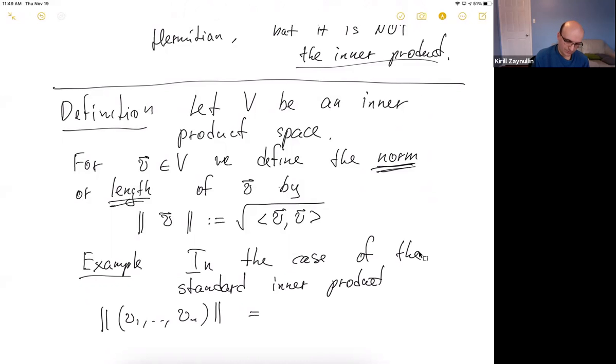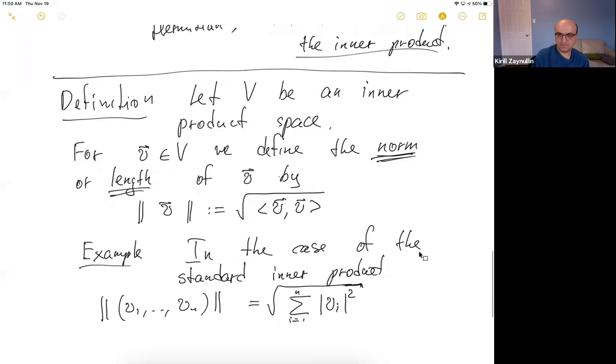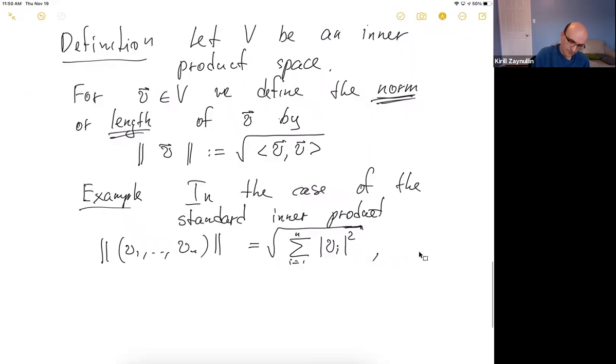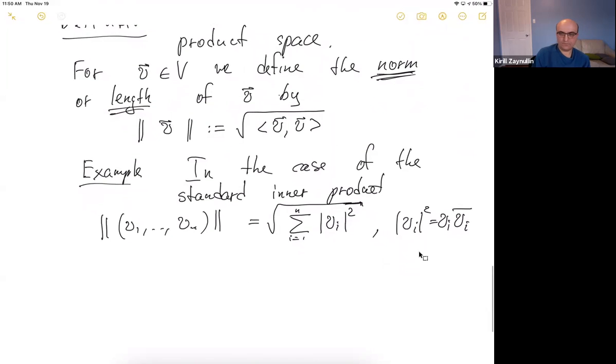Well, this is clearly the square root of the sum from i to n of the complex number vi times its conjugate vi bar, meaning that I have to put here the square of the absolute value of vi. So that's the formula. Let me mention that the square of the absolute value of vi is just vi times vi bar for each i.